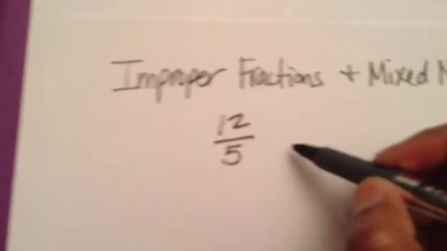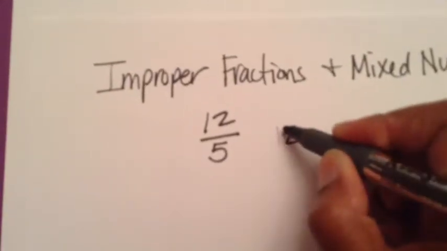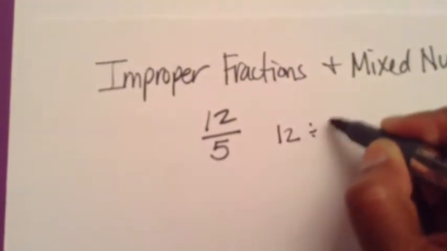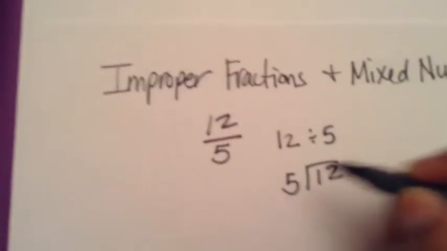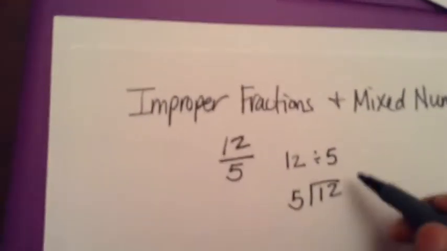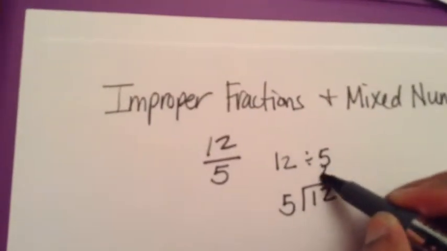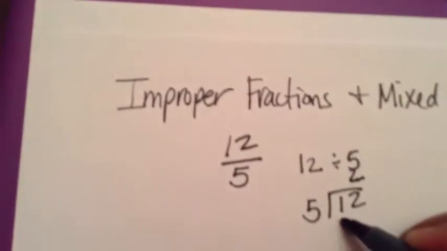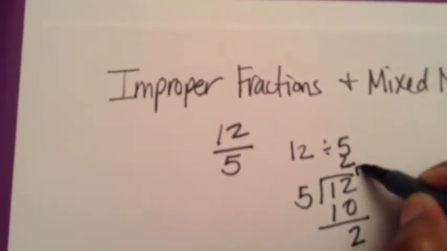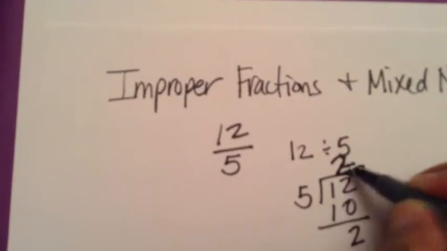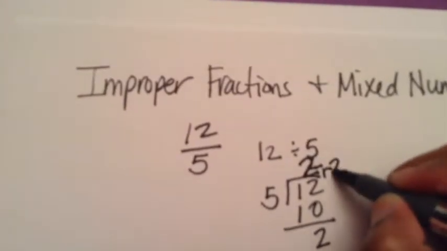So this is really saying 12 divided by 5. So we know that 5 can go into 12 at least 2 times. That leaves us with the remainder 2. So our answer here is 2 remainder 2.